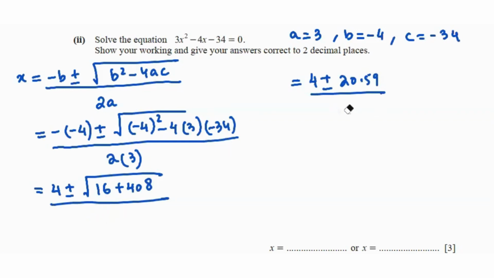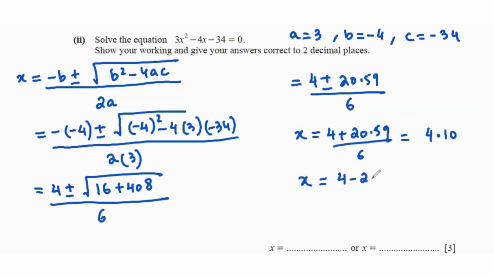Dividing by 6 over here, it is going to give us one value as 4 plus 20.59 over 6, which is equal to 4.10. And the other value is 4 minus 20.59 over 6, which is equal to negative 2.77.